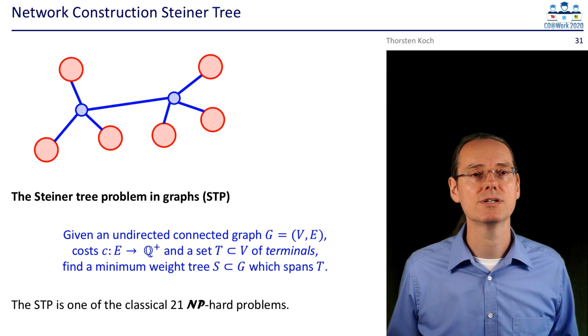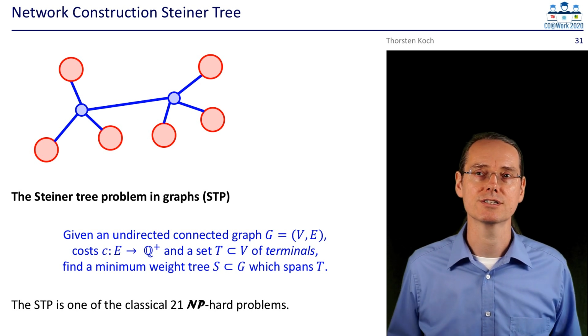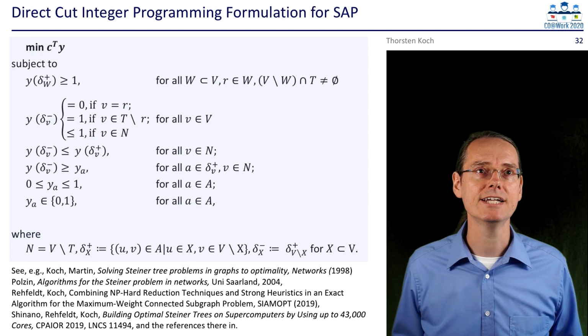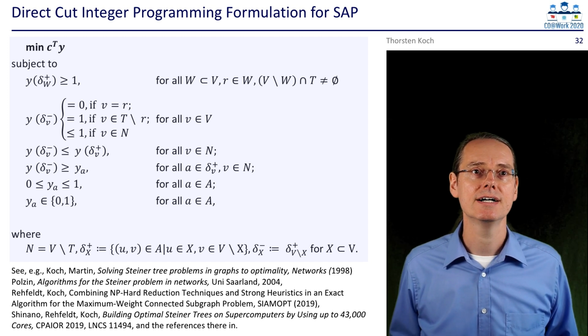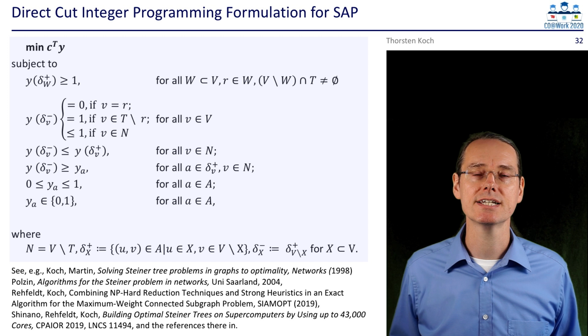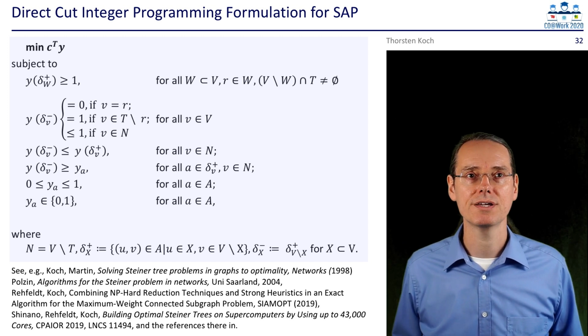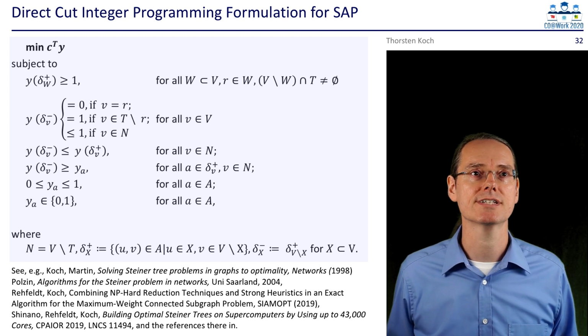It has a lot of similarities to the traveling salesman problem, and there is really a lot of literature about this. Here you see just one possible formulation, the directed cut integer programming formulation. Actually, it's for the Steiner arborescence problem, but by just bidirecting all the arcs and choosing an arbitrary node as root, this also solves the Steiner tree problem.